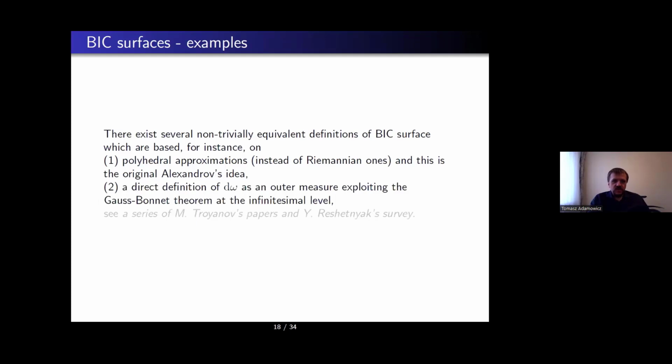Also, the curvature measure can be defined in a more geometric way as an outer measure, and this definition is based on the Gauss-Bonnet theorem. In any case, these equivalences and different definitions are very well introduced and described in a series of papers by Marc Troyanov, and also in a survey by Reshetnyak.